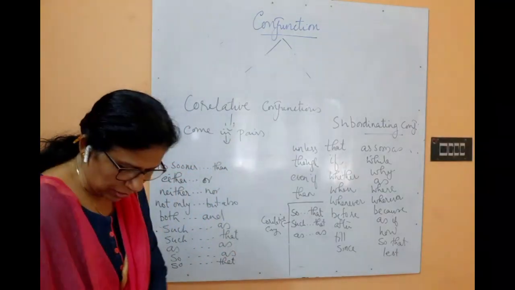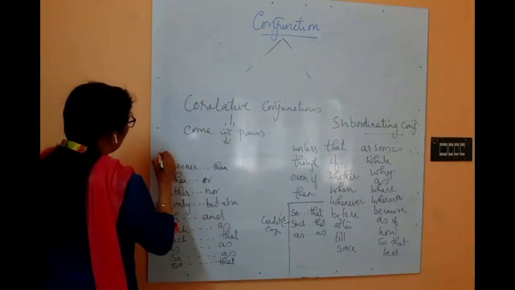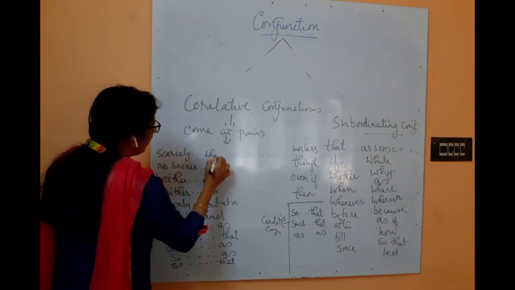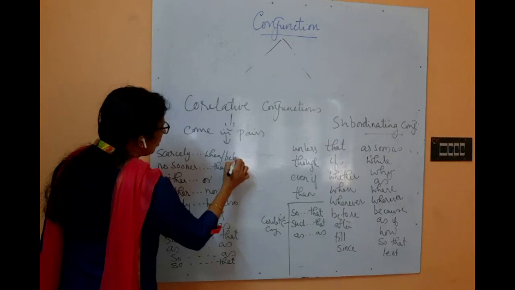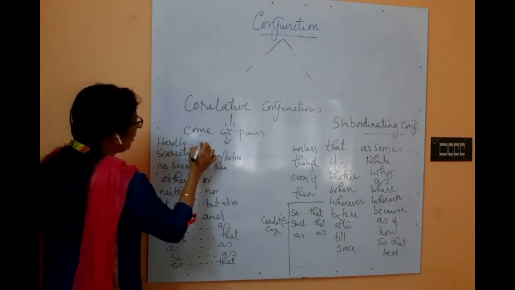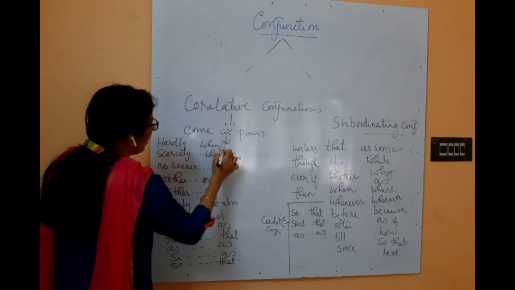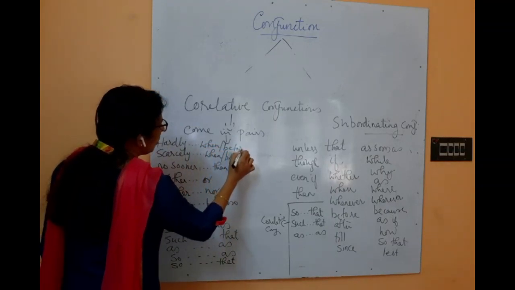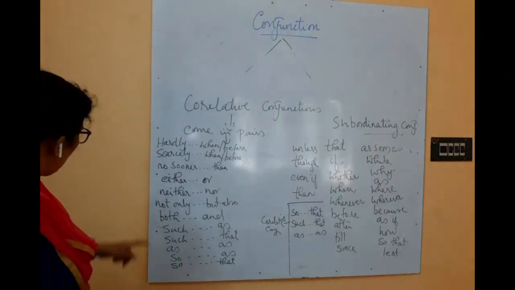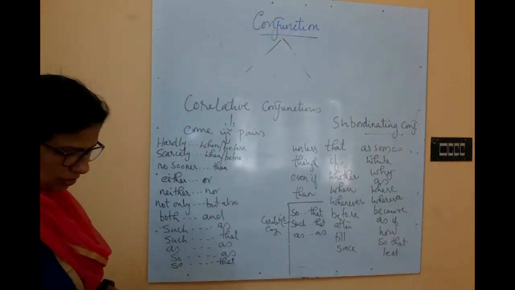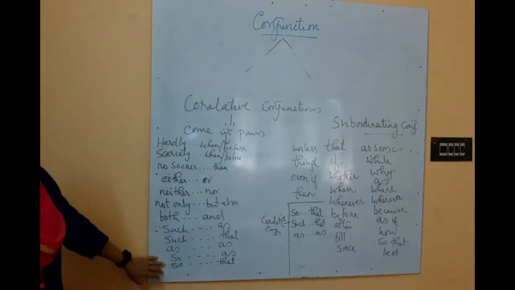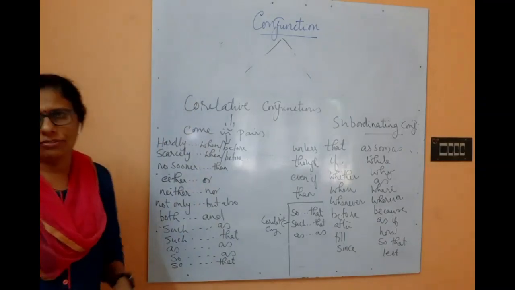No sooner than, then scarcely when or before, same way, hardly when or before. Okay, then anything else? Not only but also we have written. Okay, hardly when or before. Okay, so these many conjunctions are there in correlative conjunction.